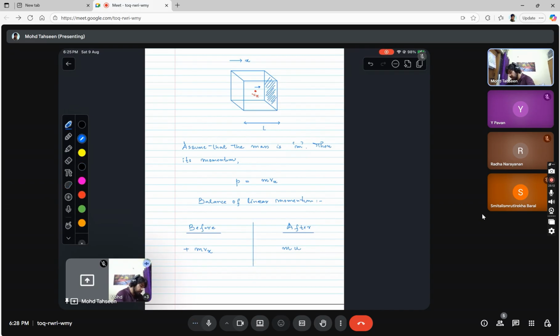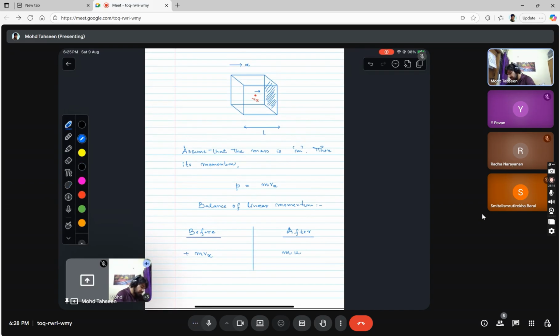I will not write a sign here; I'll just assume that this u contains the sign, whatever it is, the equation should give me the sign, right?